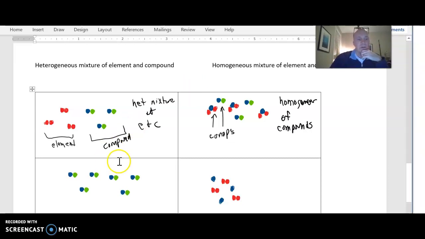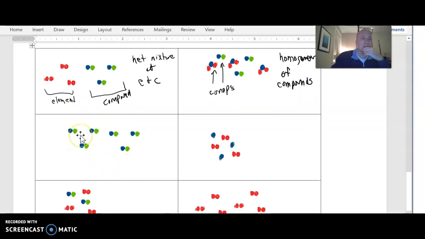In this next one right here, notice that everything in this is the same, and these things are compounds because they're more than one type of atom. Each unit is a 1-to-1 ratio of different elements. So this would be a pure compound.